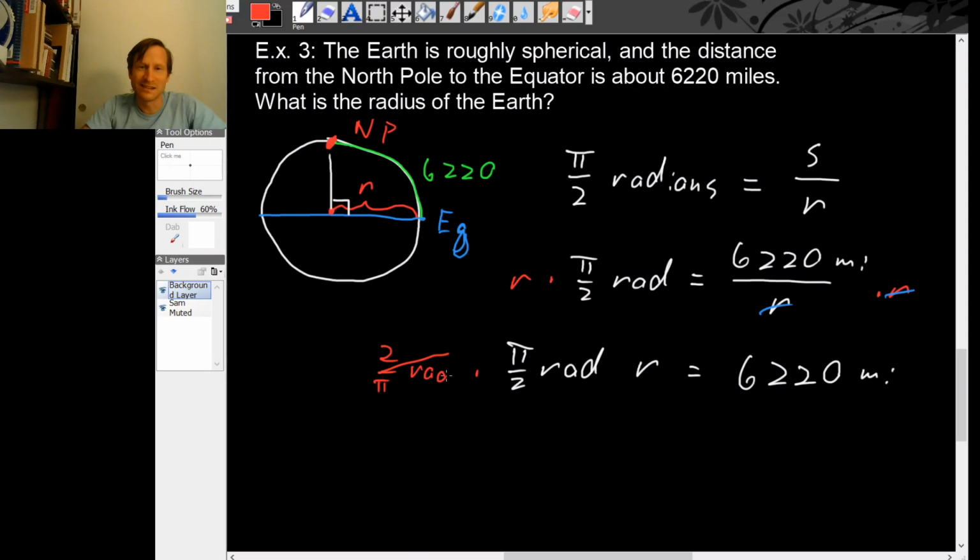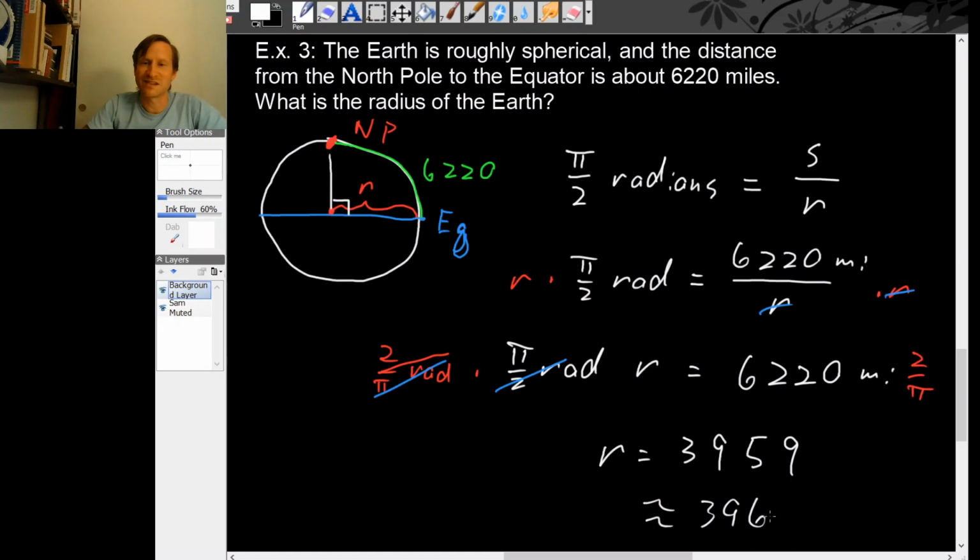On the left-hand side, these cancel. And on the right-hand side, we get 6,220 times 2 divided by pi. So let me work that out. 6,220 times 2 divided by pi. We get 3,959 and a bit. So about 3,960 miles for the radius of the Earth, which isn't exactly right, but actually it's pretty close.